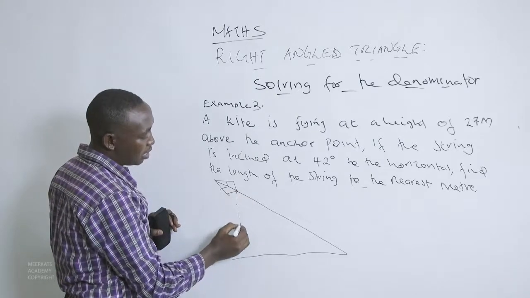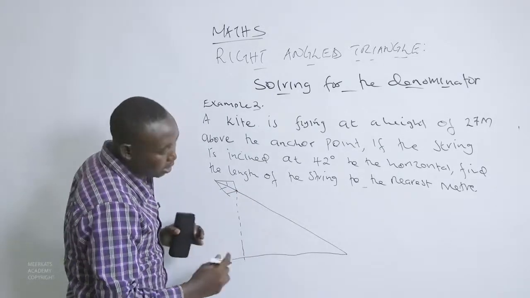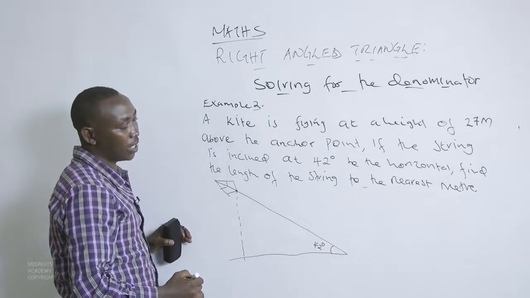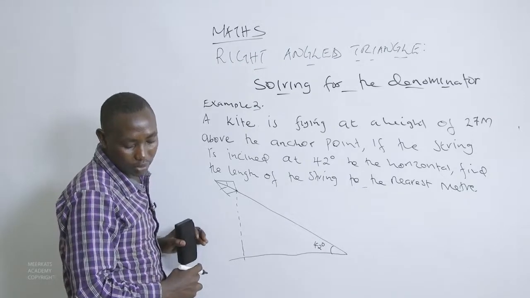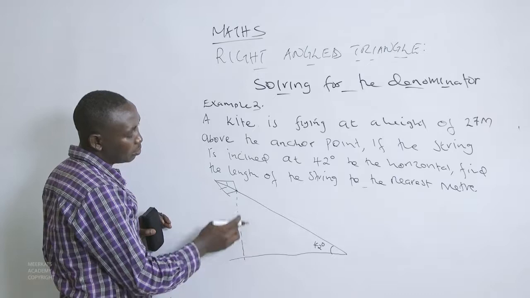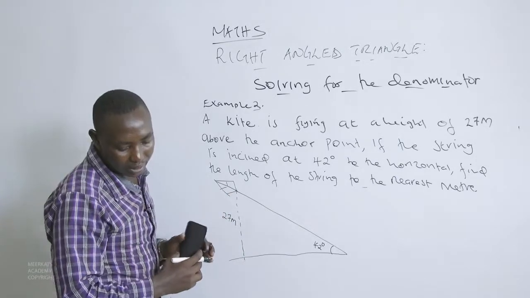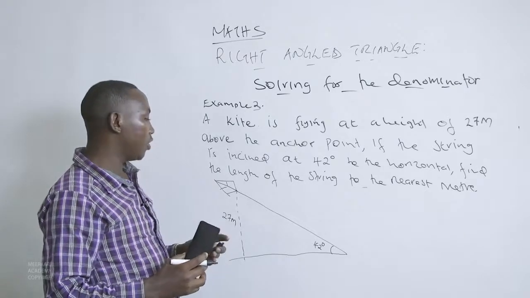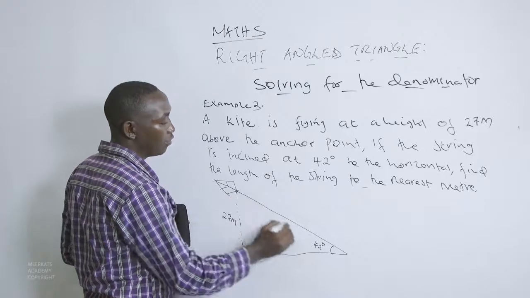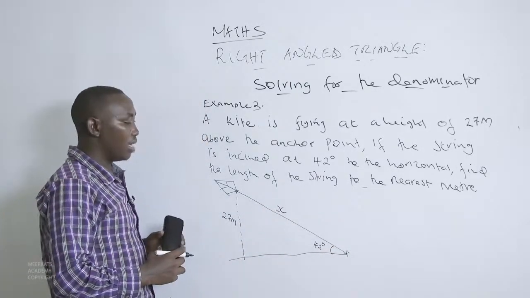We have been told that the angle made by the string with the horizontal is 42 degrees, and that the height from this point to that point is 27 meters. We are supposed to use trigonometric ratios to find the length of this string. Let us call it x.